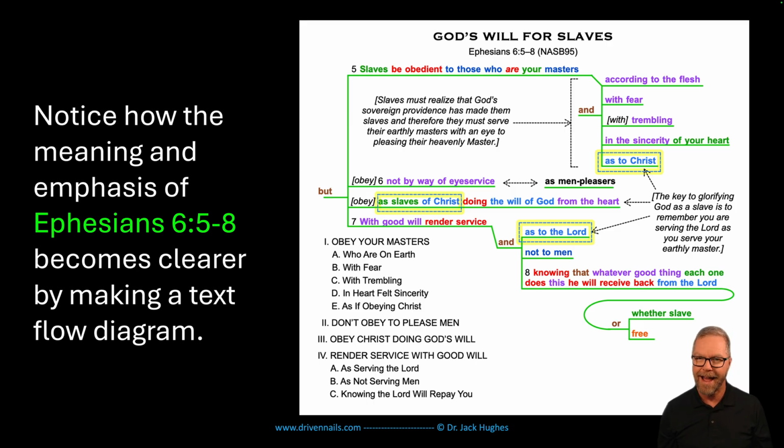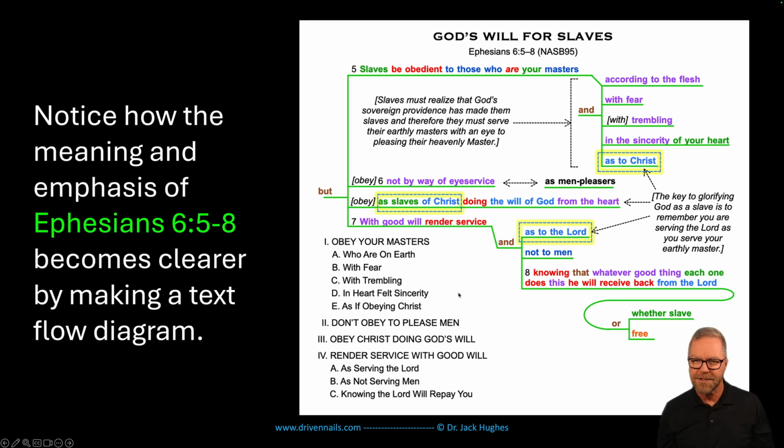So there you have it. Now here's the outline I came up with for that. Obey your masters who are on earth. Notice I put according to the flesh, who are on earth, just different phraseology, with trembling, in heartfelt sincerity, in sincerity of heart, as obeying Christ, as to Christ.